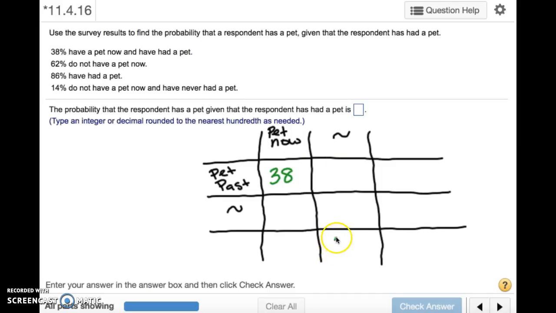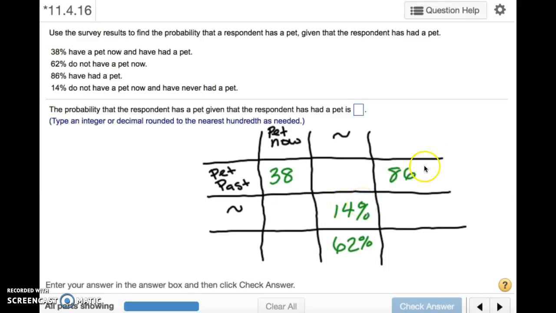So I'm going to fill out 62% down here. 86% of people have had a pet. So they've had a pet in the past, whether they have one now or not. And 14% of people do not have a pet now and have never had a pet. So that's going to go here.